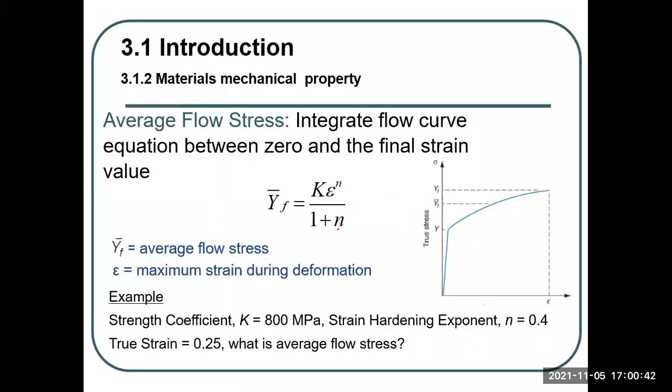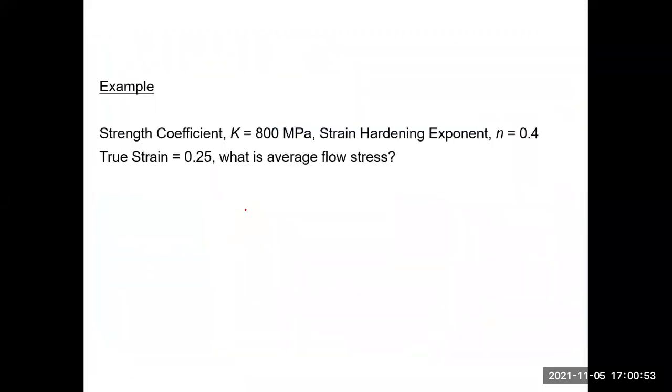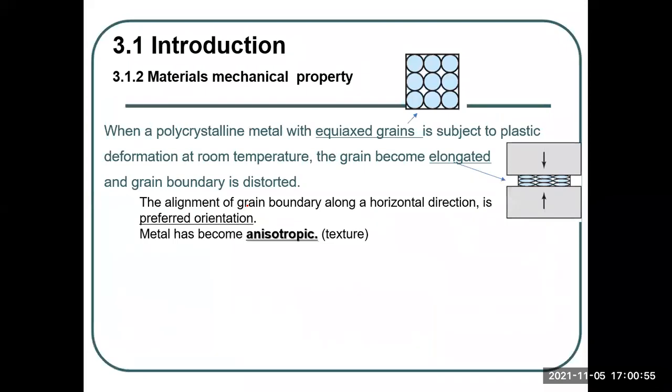Okay, and also the average flow is very simple, right? You simply divide it by 1 plus n. These are simply equations. And we have done this together. Also, when you have a polycrystalline metal that starts with more or less equiaxed grains, the different directions are all similar.